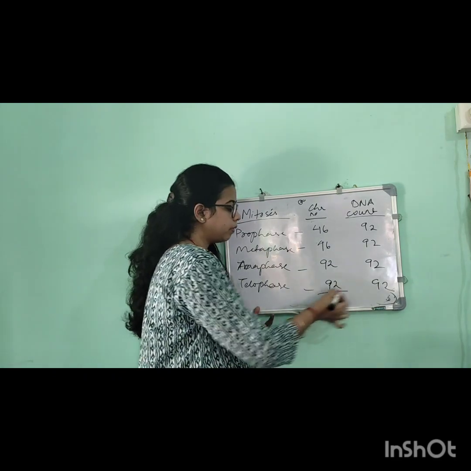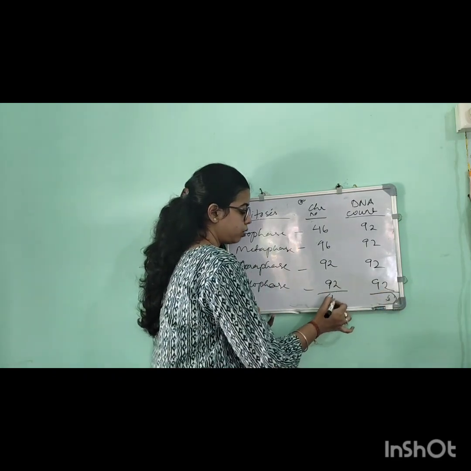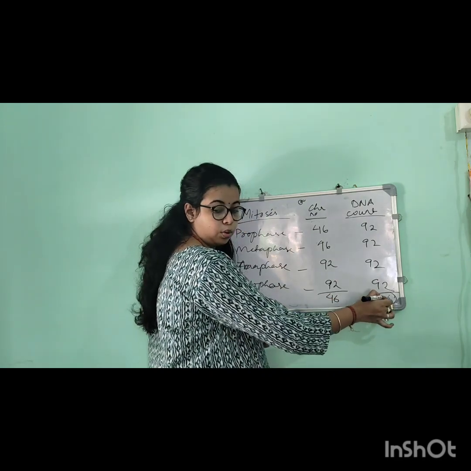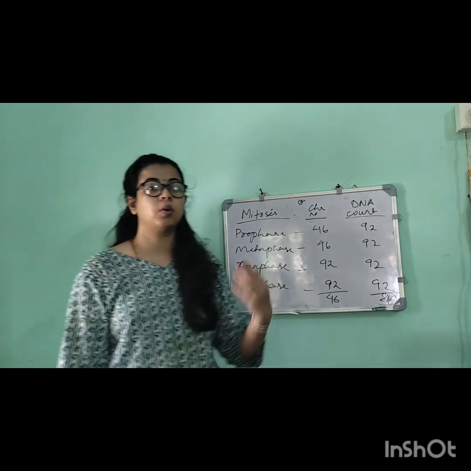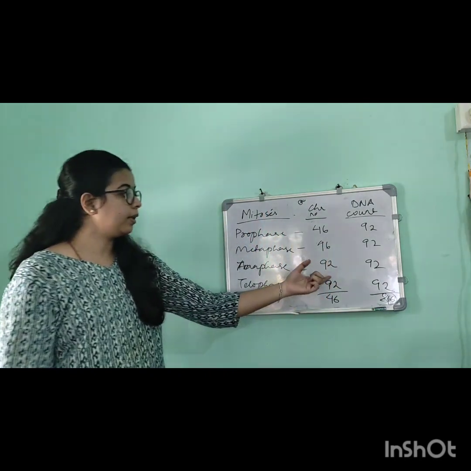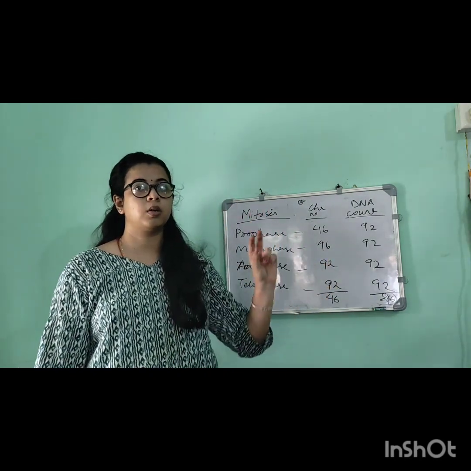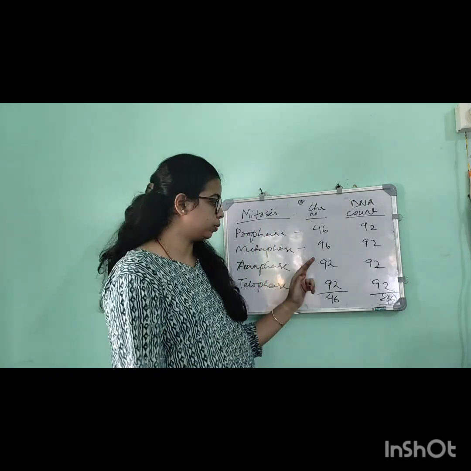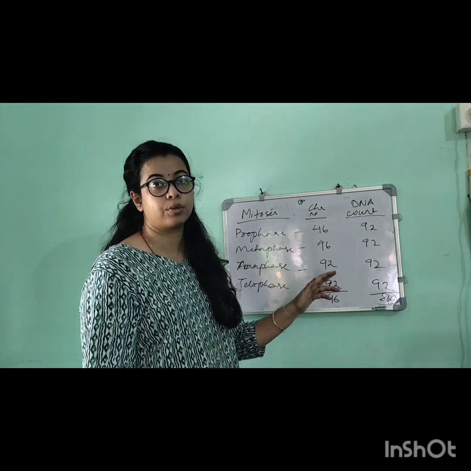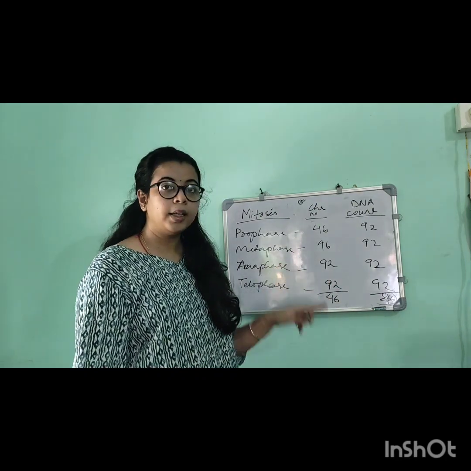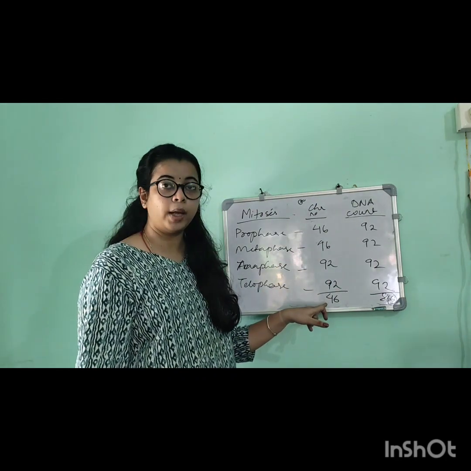Now by the end of mitosis, it will reduce to 46 and 46. Remember, when the sister chromatids are separating out, the count is getting doubled, because each sister chromatid will carry 46. That's why it is getting doubled, not reduced. But at the end, why is it getting reduced?